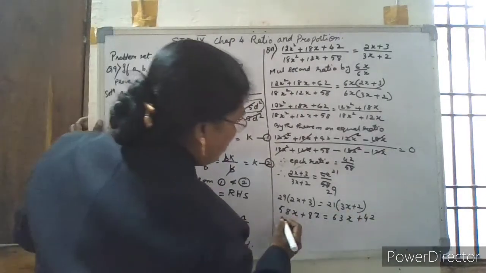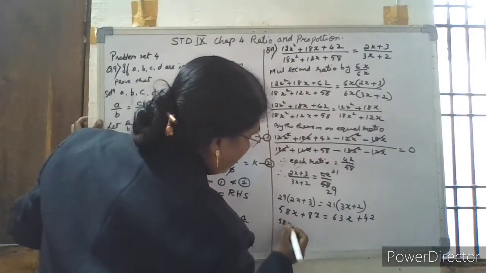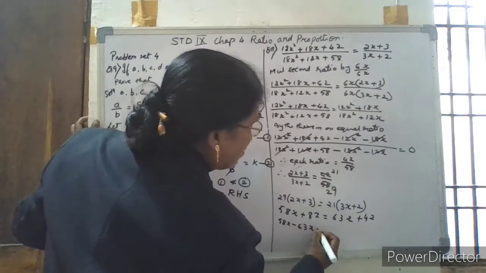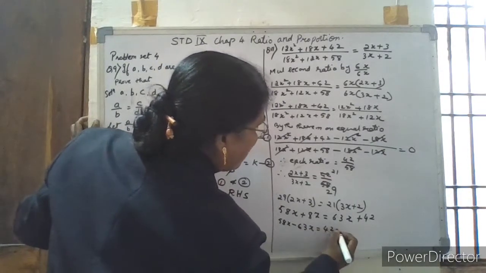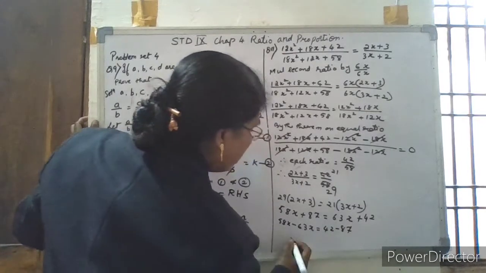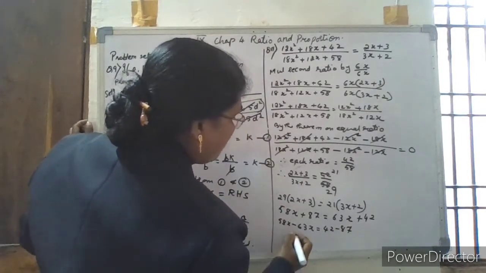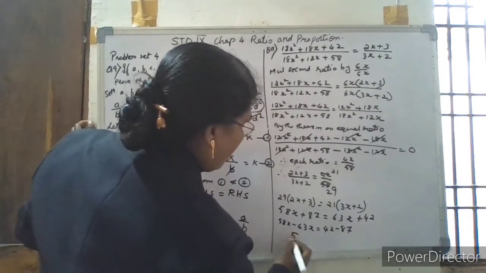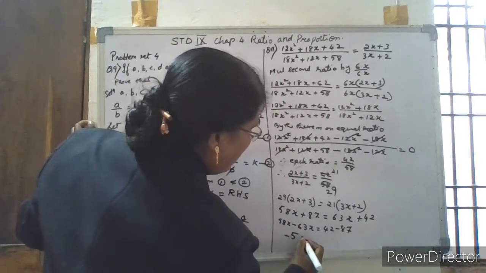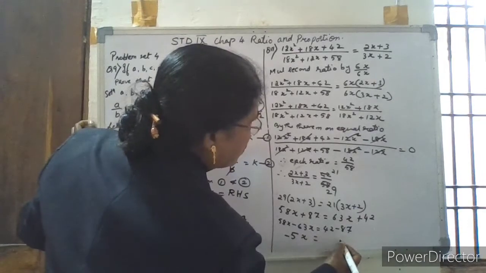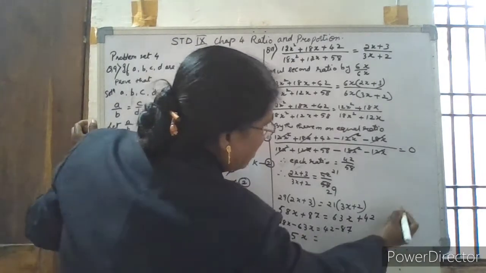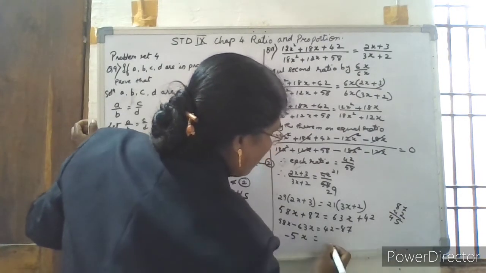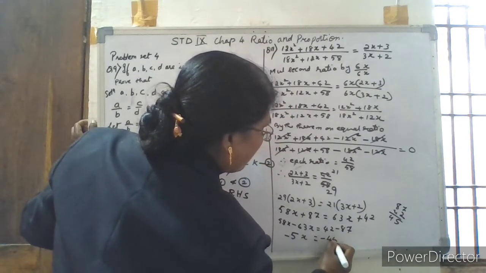In this way, all the x terms you bring one side. So 58x minus 63x is equal to 42 minus 87. So if we subtract this, we will get 5, but the sign of the greater number, minus 5x. This is equal to, if we subtract this, 87 minus 42, we get minus 45.